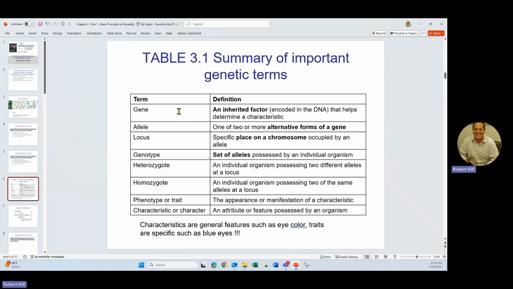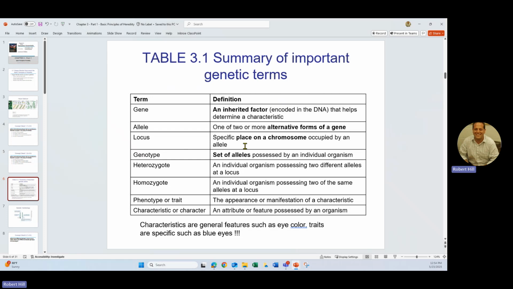Okay, important terms, right? So a gene is something encoded in the DNA, and it helps determine a certain characteristic, right? This is an inherited factor. An allele is one of two or more, but in Mendel's cases, which is nice, it's just two, alternative forms of a gene, right? So for one gene, you have multiple alleles, okay?